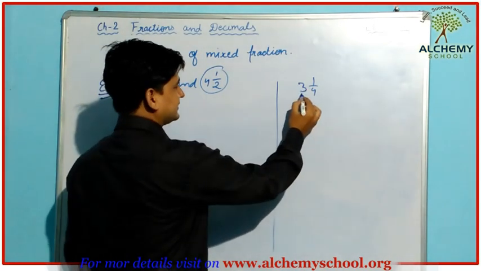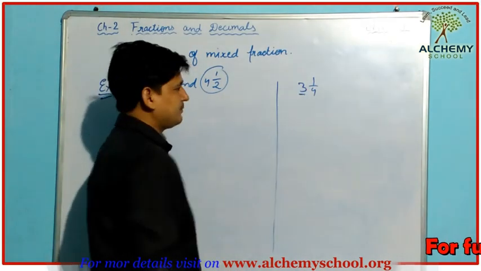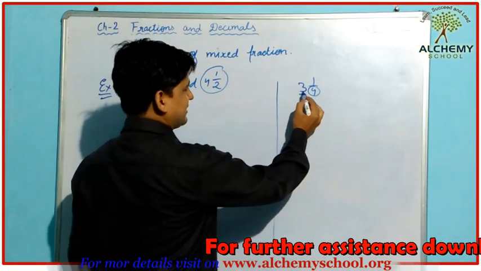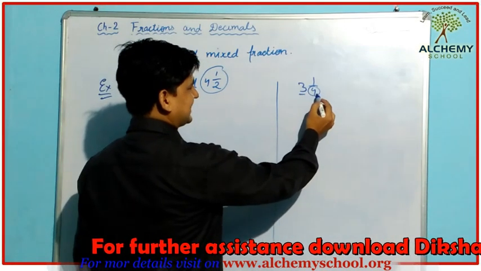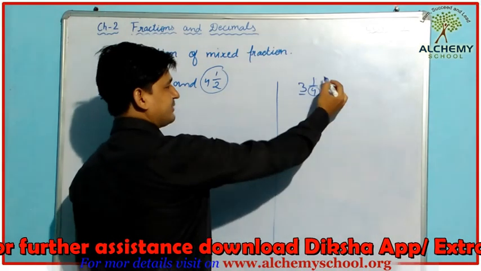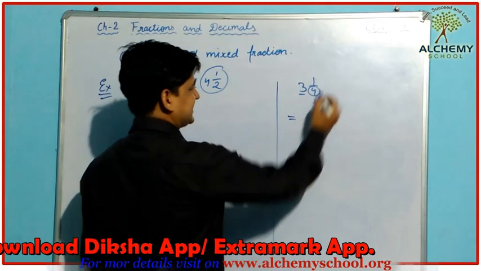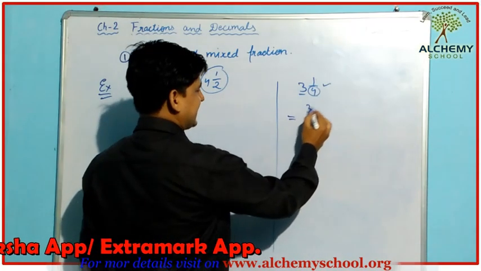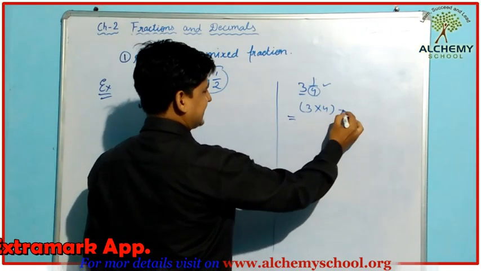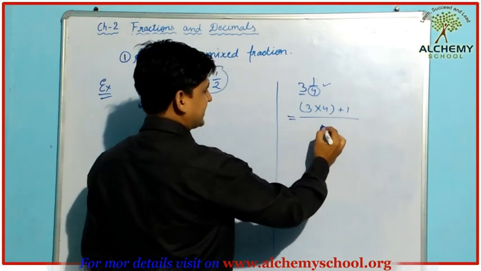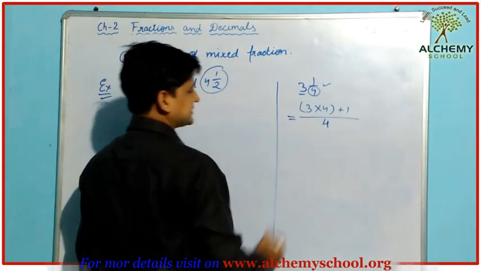This 3 represents the whole number and this is the denominator of the fraction. So this 3 will be multiplied with 4 and then the numerator will be added to the result. So we write 3 into 4 plus 1 upon, and we keep the denominator as it is. So this is 4.